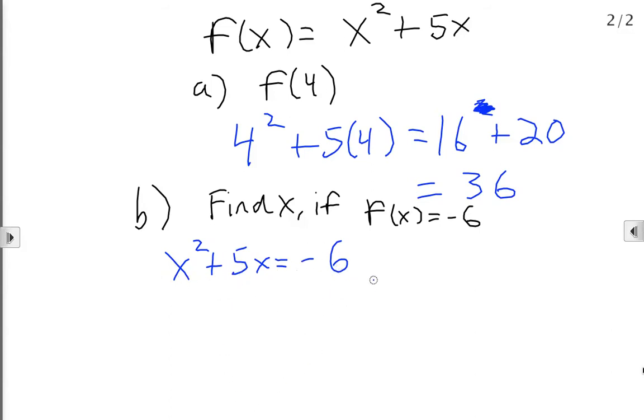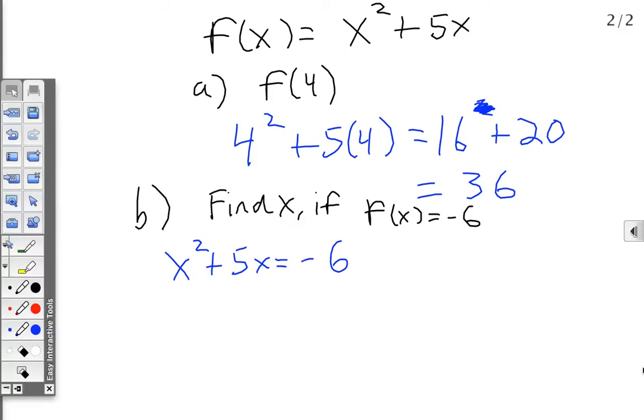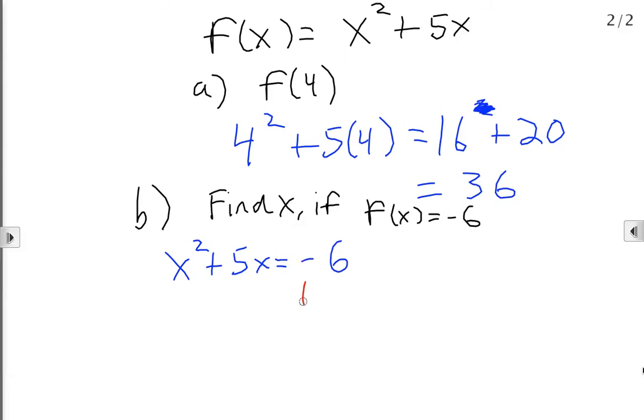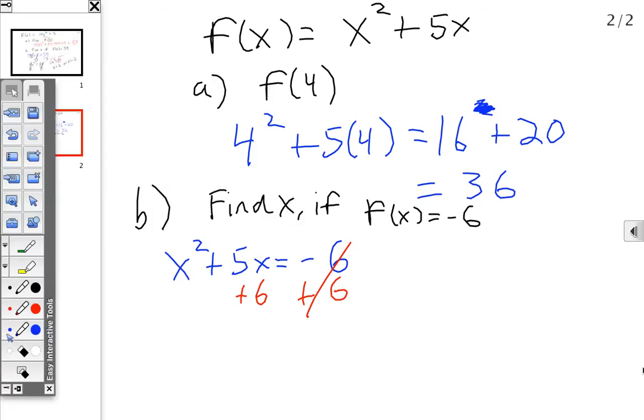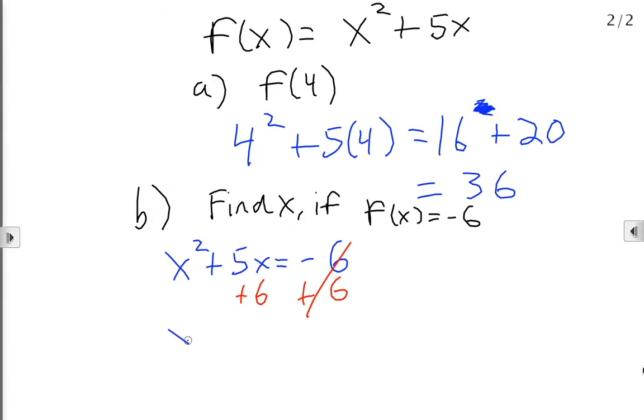You cannot factor until you've done something that's very important, which is set your function equal to 0. So at the moment, our function is equal to -6. That's a problem. We want to make it equal 0, so let's add 6 so that it adds up to 0. But whatever you do on one side of the equation, you have to do on the other, so we're going to add 6 to this side. And that's going to give us our quadratic function, x squared plus 5x plus 6 equals 0.